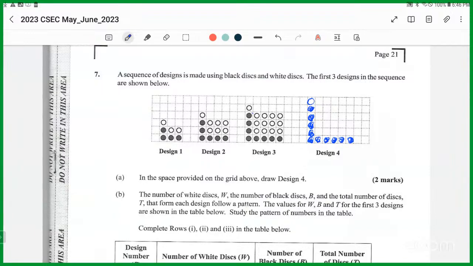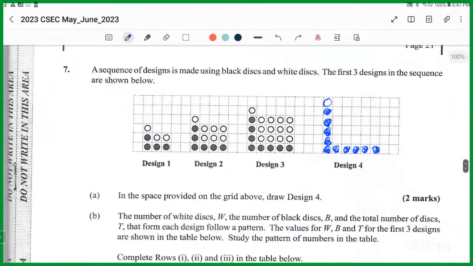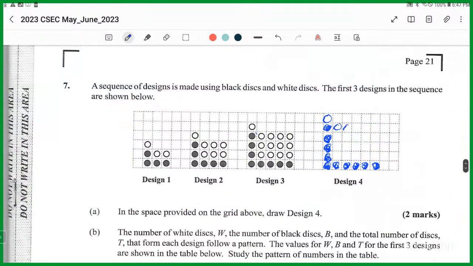And all the spaces inside here, you're going to put white discs. 1, 2, 3, 4, 5.